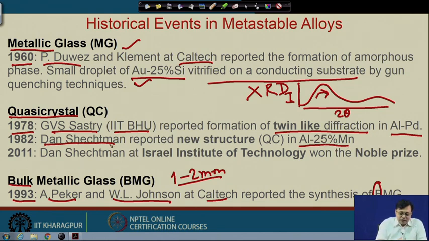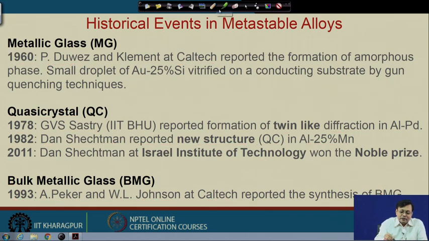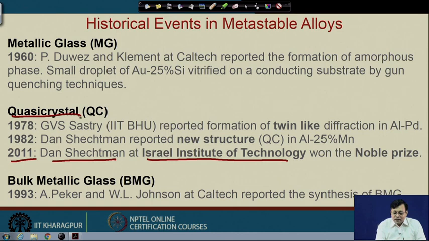Dan Shechtman from Israel Institute of Technology basically reported the first new structure as quasicrystalline structure in 1982. And we are very glad as material scientists that he won the Nobel Prize in 2011 for the discovery of the quasicrystal. So this is bigger and bigger news for all these material scientists.